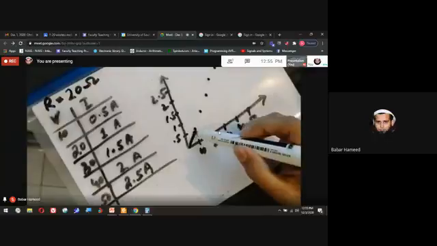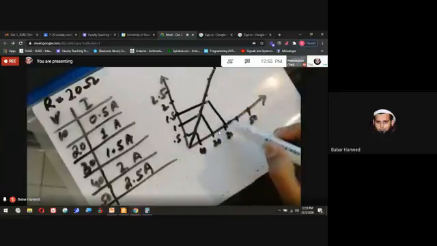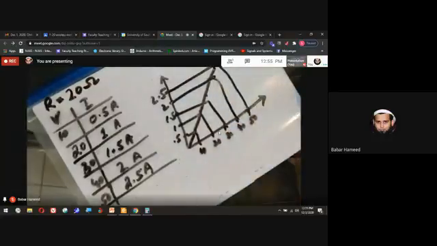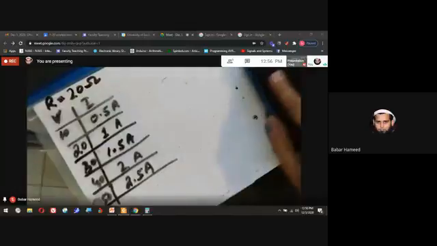So if I draw a graph like this, we can see clearly that there is a linear relationship between current and voltage. Now it's time for one more example.